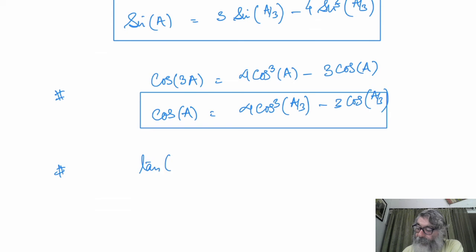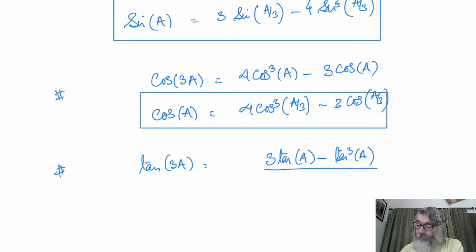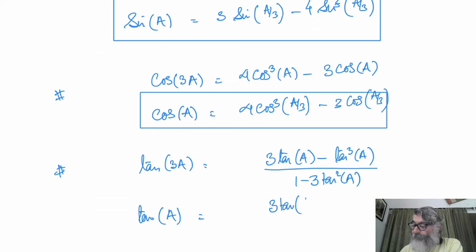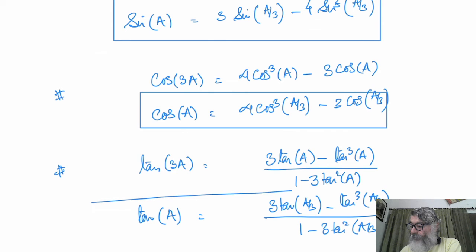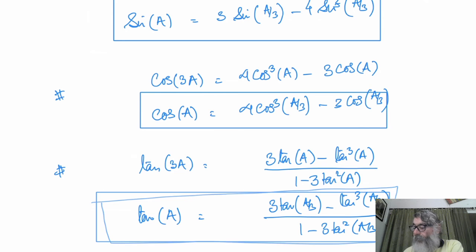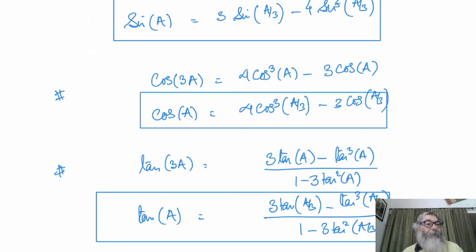If you have tan 3A, you had 3 tan A minus tan cube A upon 1 minus 3 tan square A. So if it becomes tan A, then it will become 3 tan A by 3 minus tan cube A by 3 upon 1 minus 3 tan square A by 3. Now we get the tan A formula.